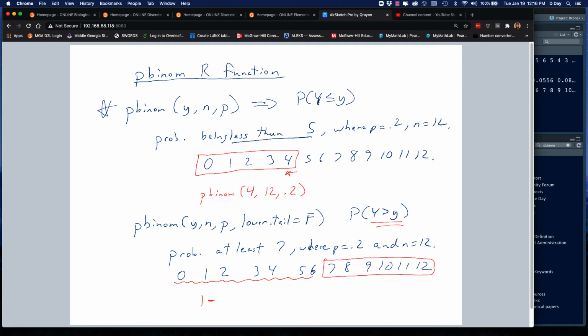You want the sum of those probabilities. Then you can just do pbinom of, again, we want to take away what we don't want, and the squiggly line's what I don't want, so where does the squiggly line stop? At 6 again. So it's the same kind of principle as the lower.tail thing. 6, and then I enter 12 and 0.2, and if I put that into R just like that, it will give me the answer I want.